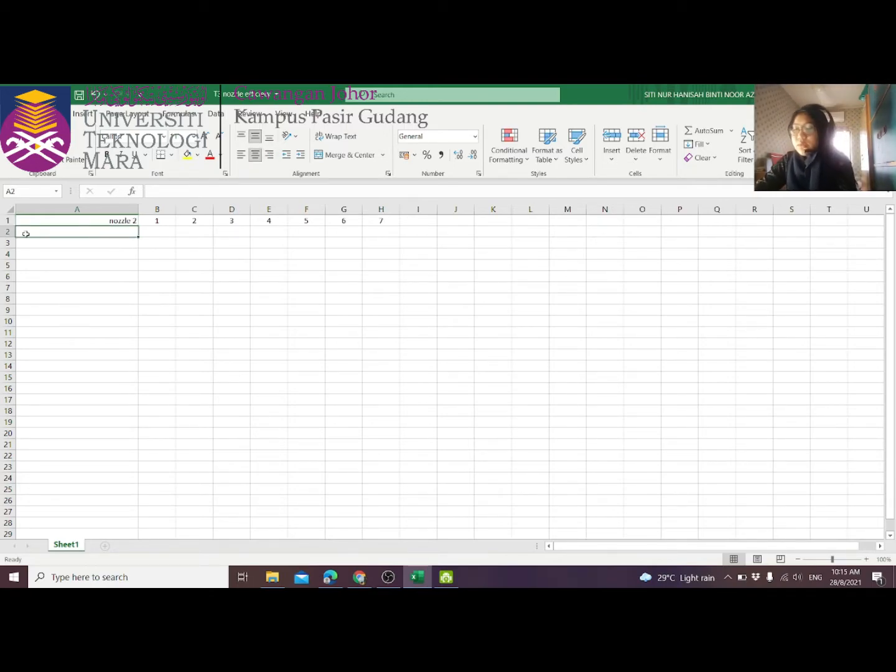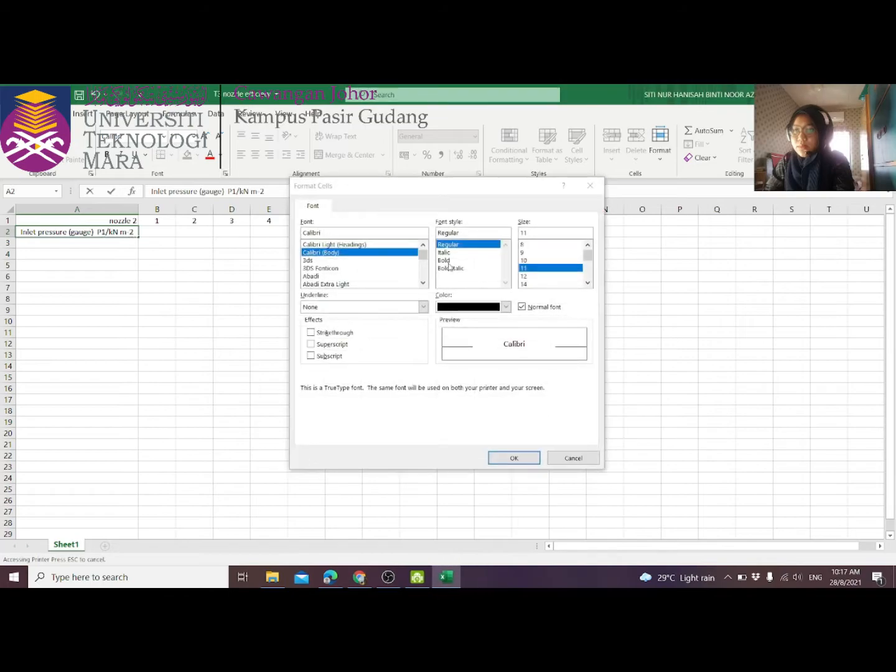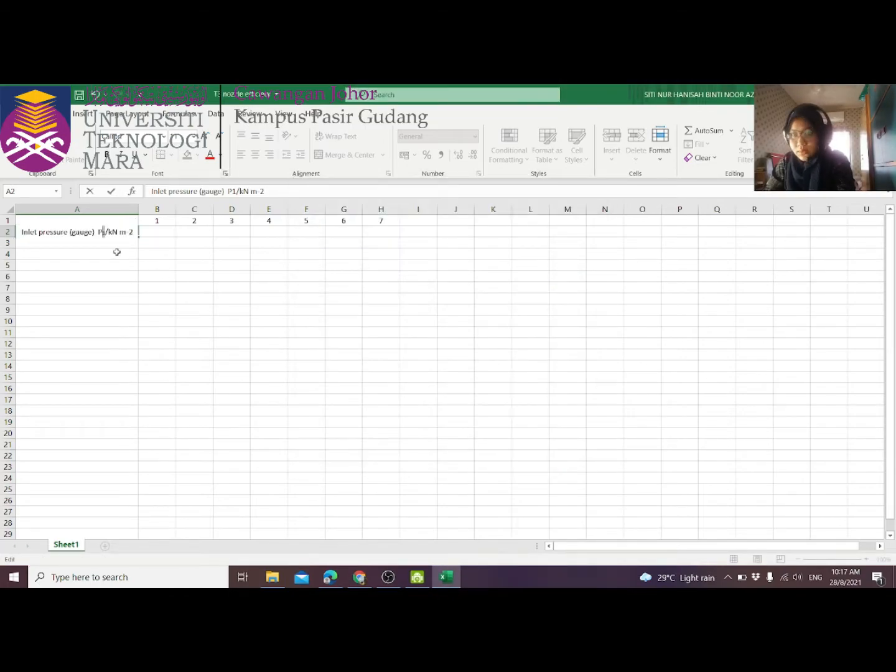Okay, first is the gauge pressure. One over, okay, this one. So this will be subscript and done.